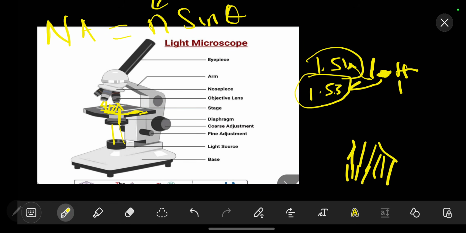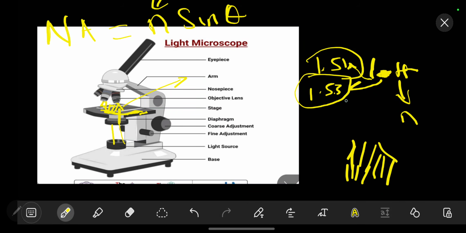So by having the refractive index being close like that, you are able to achieve the light rays not bending a lot away from the microscope. So therefore you increase the numerical aperture, and increasing the numerical aperture increases the light gathering ability of the microscope. So don't get it wrong.